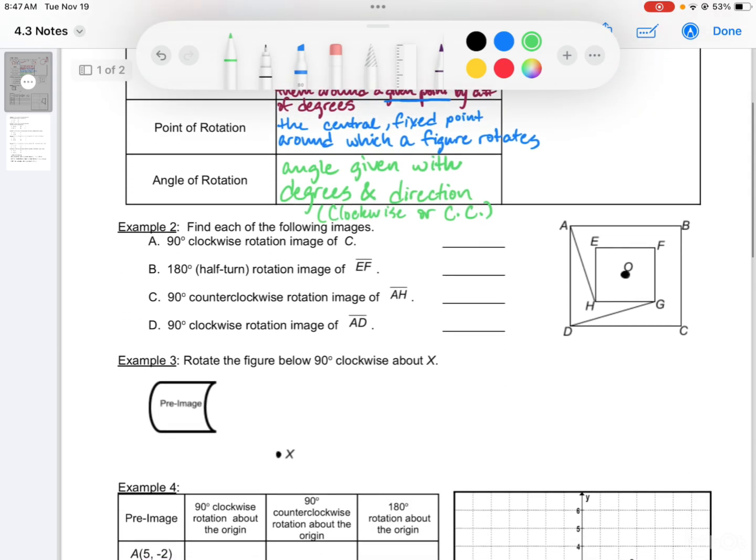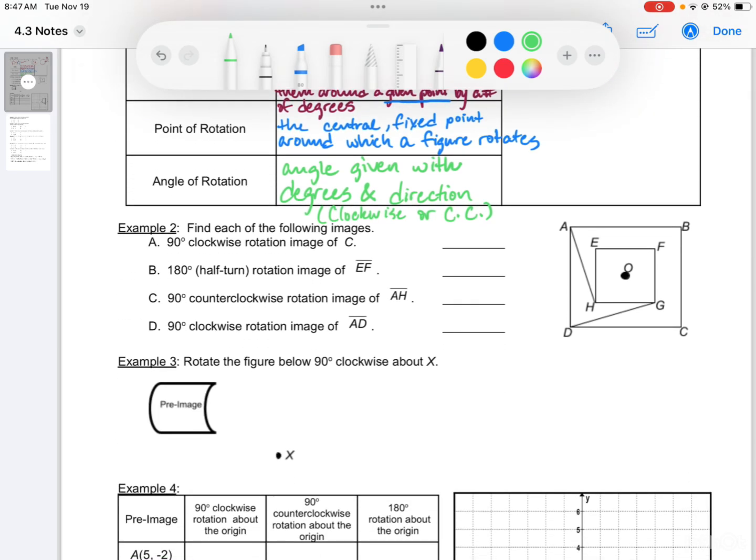All right, in our second example, we are performing some rotations. It says find each of the following images. We have this complex image here with a lot of different points in it.